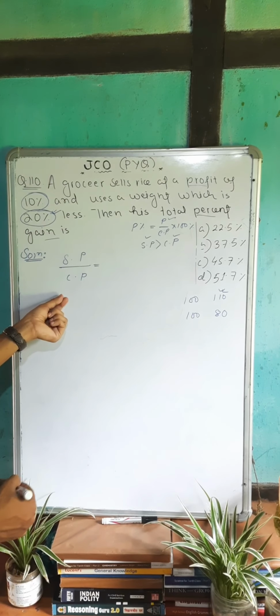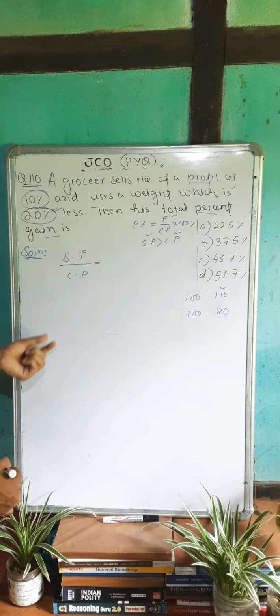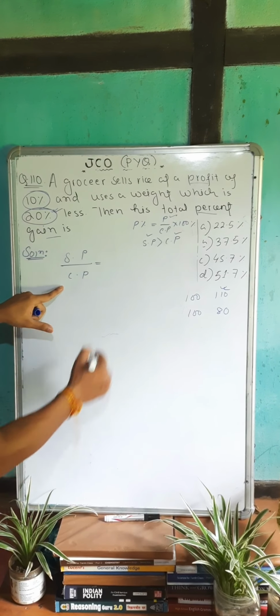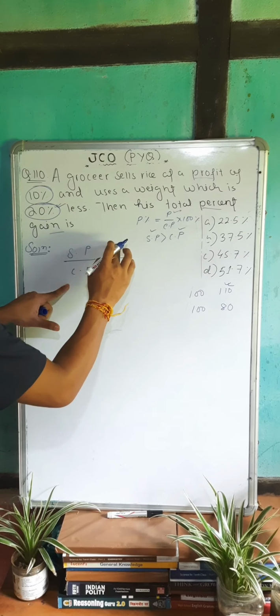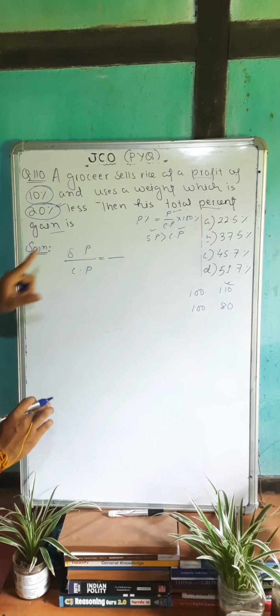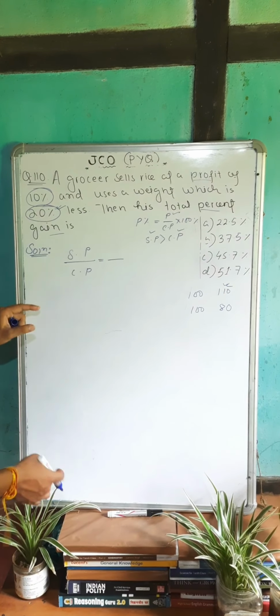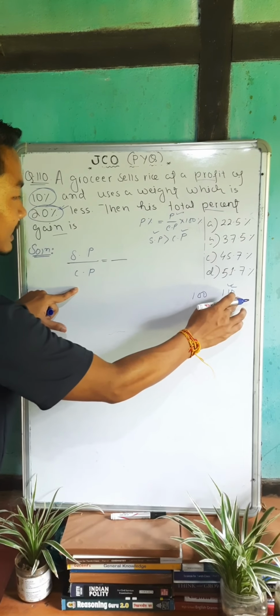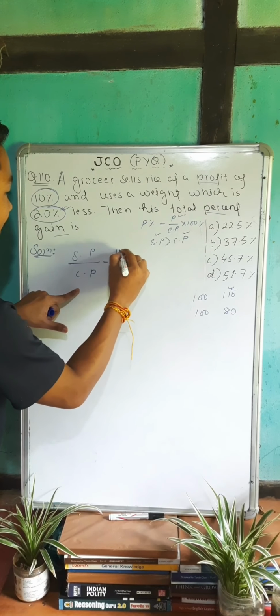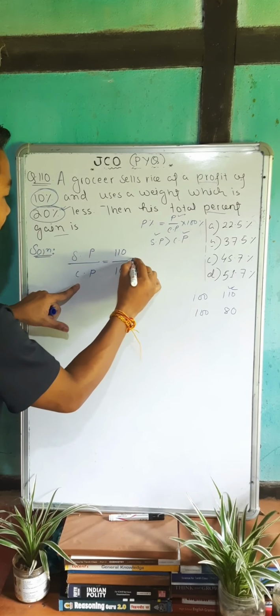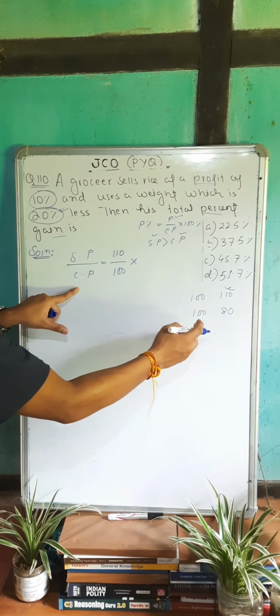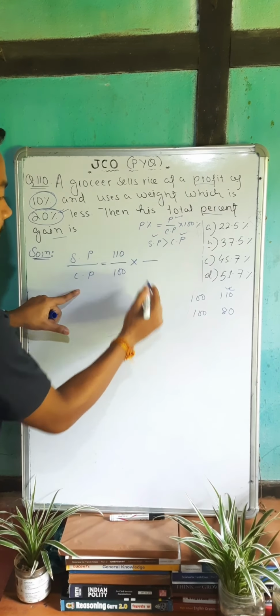Now in both the cases, a grocer is earning benefit. So in this case, we need to write which one is greater. We need to write in the numerator, in the selling price. Selling price will always be greater. So here 110 is greater, then cost price will be 100 into, here 100 is greater.